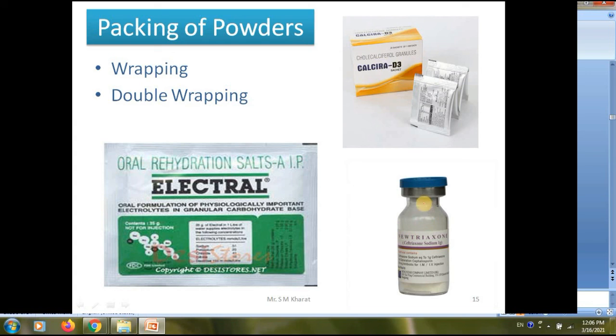So for these dry powders we have to provide packing material like a glass container. In some cases plastic containers are also used for packing powder. I hope you understood the packing of powder.